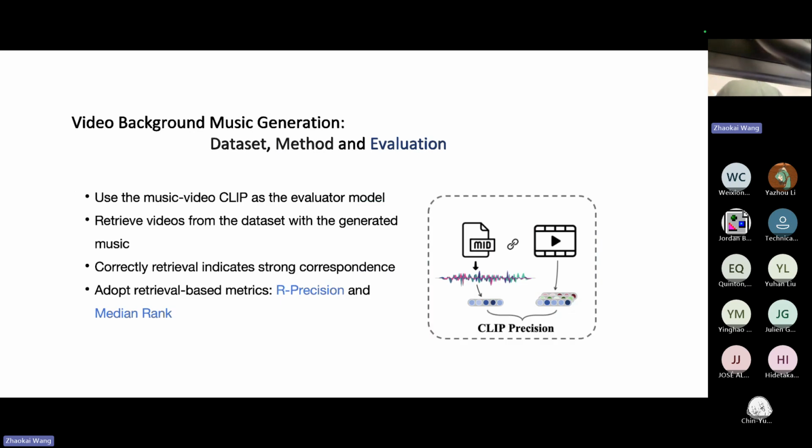We use this music-video CLIP as the evaluator. Given the generated music, we try to retrieve videos from the dataset, and we see the rank of the ground truth input video among all of these videos. If this video is in the top 1 or top 5 of the dataset, then the music is good. We also calculate the R precision and median rank.